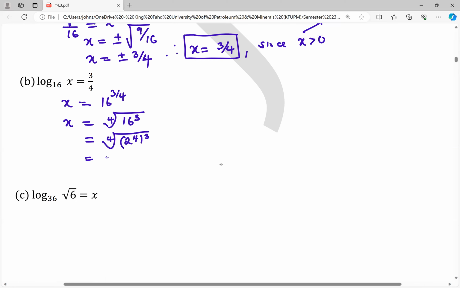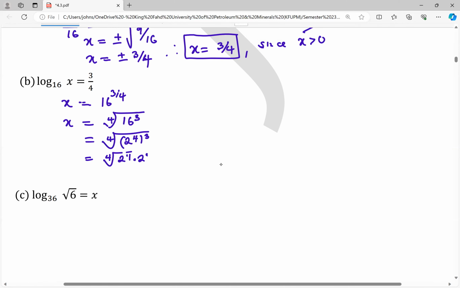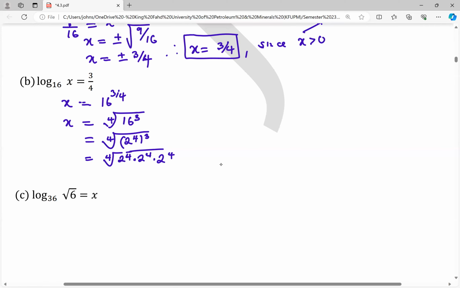So you can have 2 to the power 4 times 2 to the power 4, times 2 to the power 4. And now, which is like 2 to the power 12.